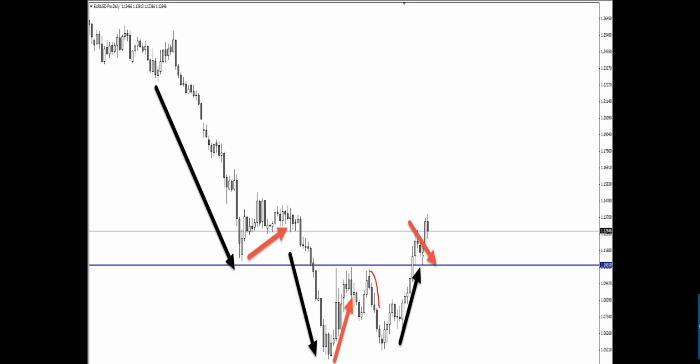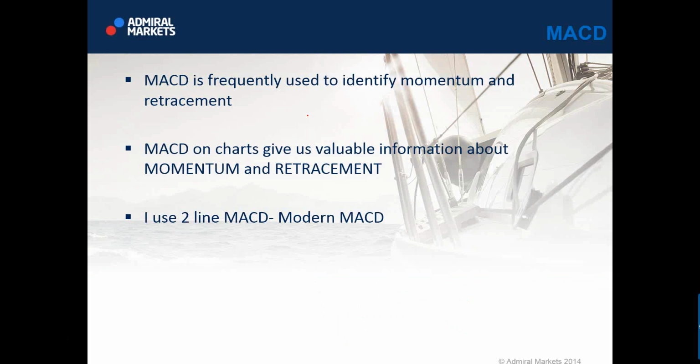We have now some sort of impulsive move on daily, 2 candles, not a big move. But still, look, this is what? A correction until this closes below this level here. Okay? Pretty much straightforward. You just need a little bit of practice.